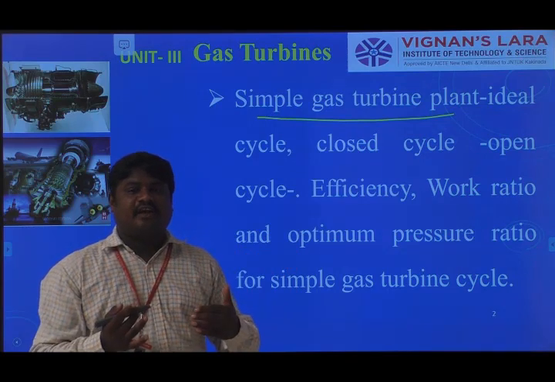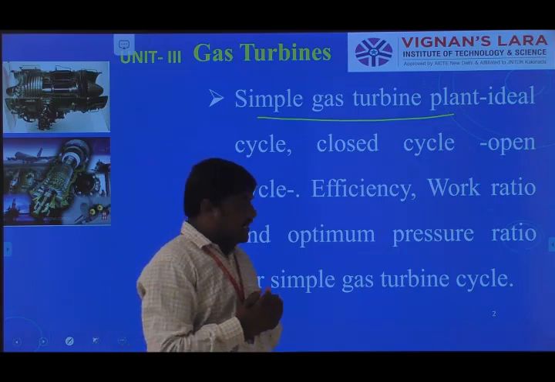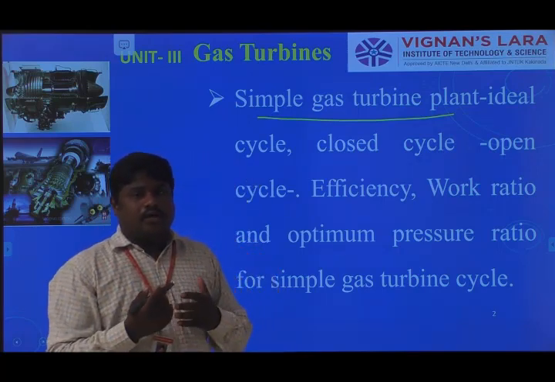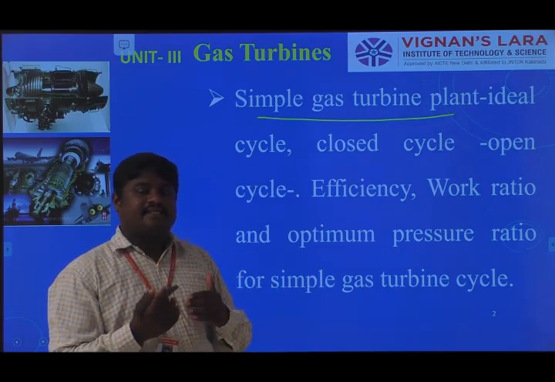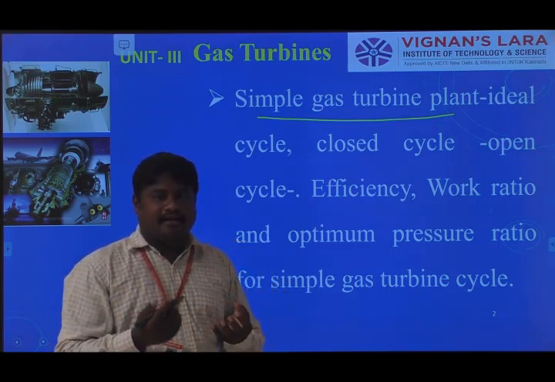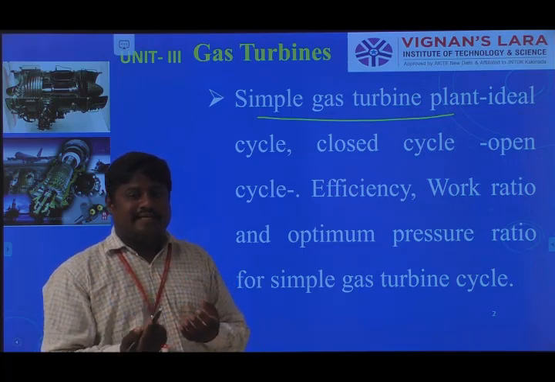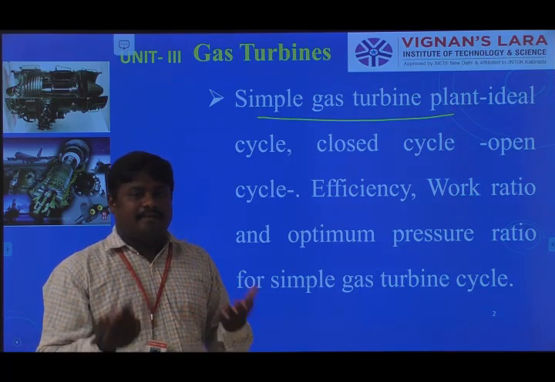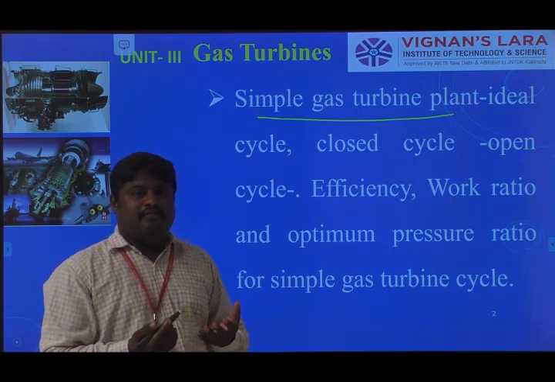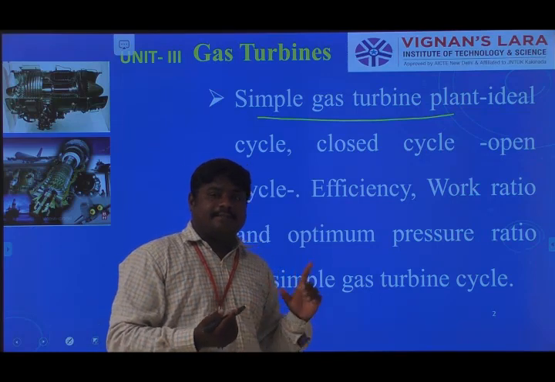This is the introduction class of the third unit, the simple gas turbine plant. We already discussed in the steam power plant how the turbine rotates, the shaft is connected to the turbine, and then power is generated. So we learned power generation in that unit.